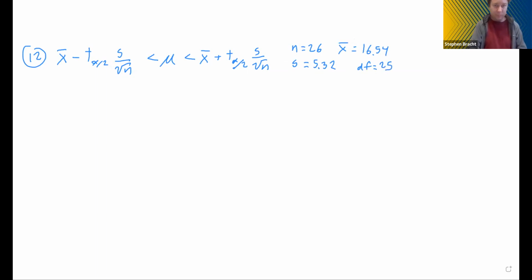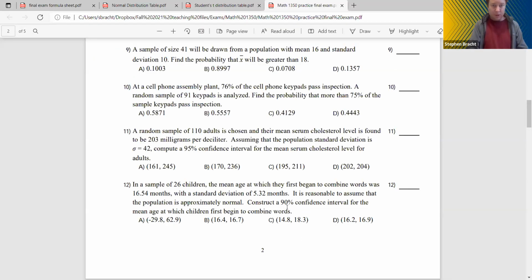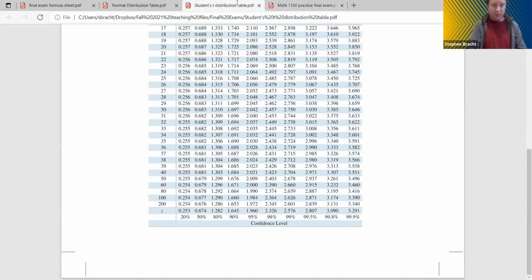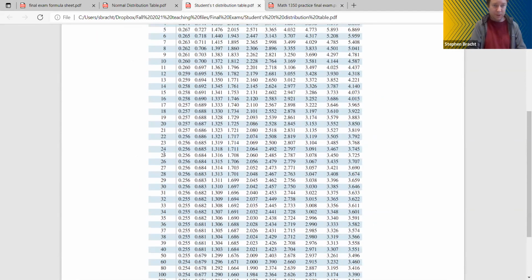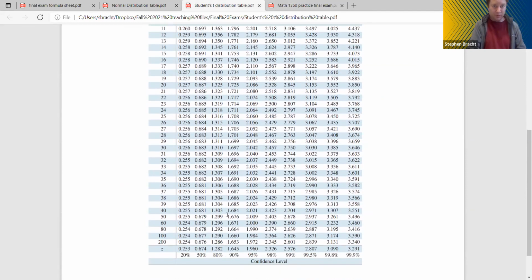And let's see, go back over here. We're also told that the level of confidence we want is 90%. So I come over here, I find 25 degrees of freedom. I move across this row, I find 90%, and where those meet, I get 1.708.